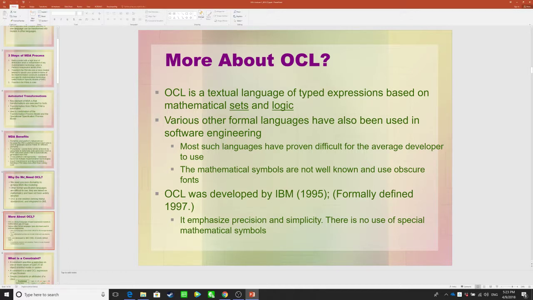After you learn that, it's not that hard. But those notations, we use less frequently in other areas. So if you're not a mathematics major, you may not be exposed to that at all. So it's difficult. But actually it's not. And OCL makes it even easier. It's a textual language. We will see some examples later.